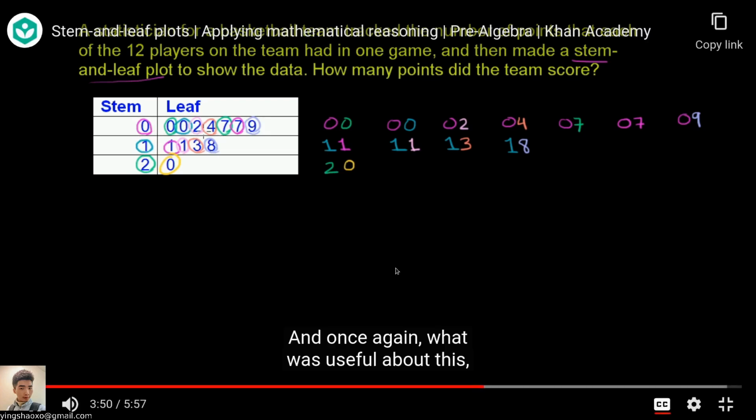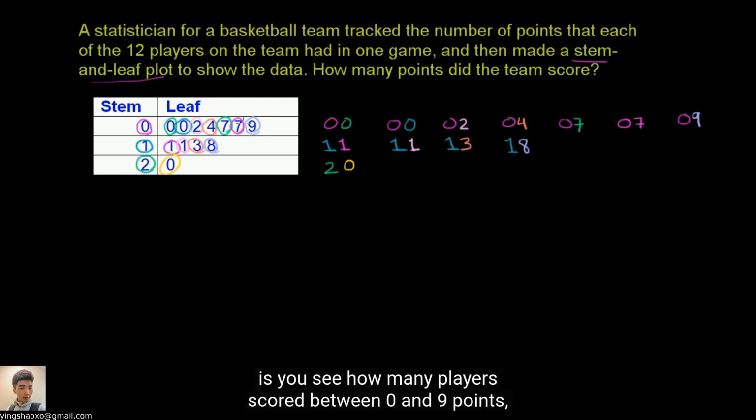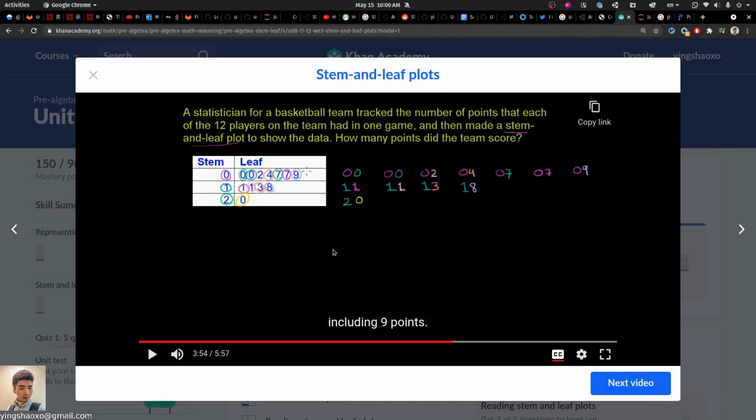And once again, what was useful about this is you see how many players scored between 0 and 9 points. Okay, I just want to pause here because this form of data representation is useless in today's society, because normally we would have millions or thousands of millions of data points. How can I just represent it like this and be human understandable?